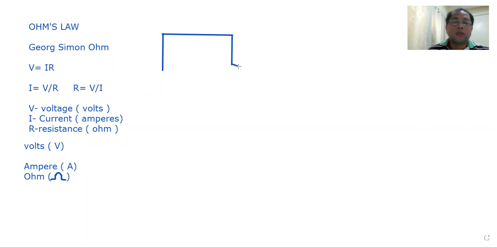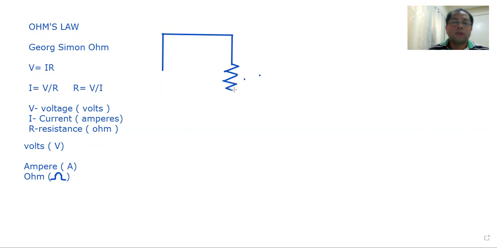The resistor is drawn in schematic symbol as a zigzag line, something like this. So this is the symbol for a resistor. Maybe that's one too many zigzags, but somehow that's one good way of representing it.